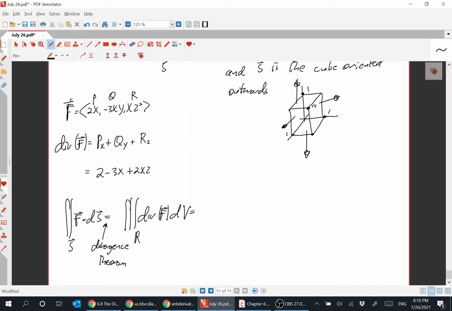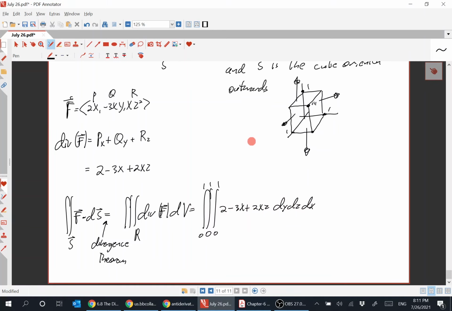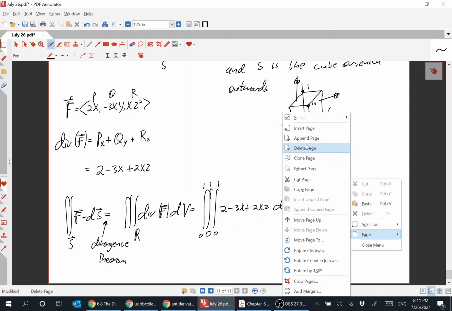Much easier to conceptualize this theorem here. The surface defines R itself, just looking at it. So in this case, it's the integral from 0 to 1, 0 to 1, 0 to 1 of 2 minus 3x plus 2xz dy dz dx. Because everything's a constant there, you can do it in whatever order you want.